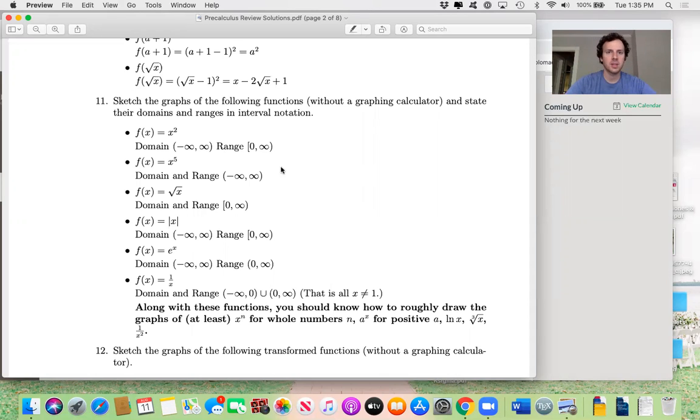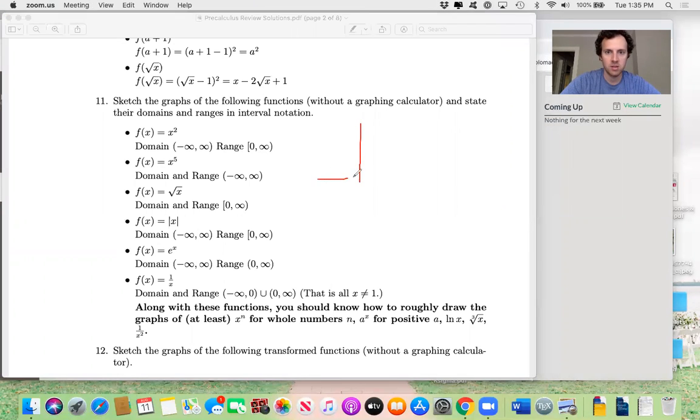It wouldn't have to be the most precise thing, but for example, x squared, if I draw a little picture, I know is a parabola and looks something like this.